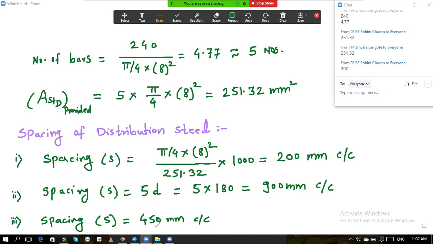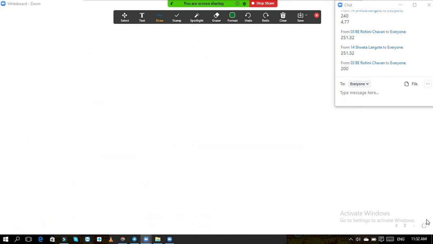We choose the minimum value out of these three, and the minimum value is 200 mm center to center. So you should write there: provide 8 mm diameter bars at 200 mm center to center. So this is our distribution reinforcement.